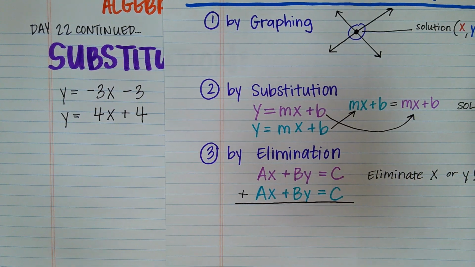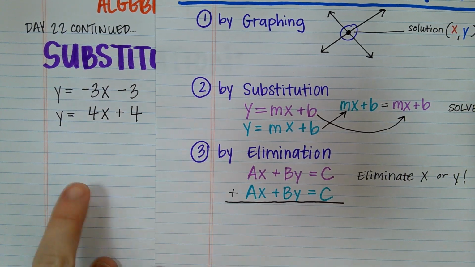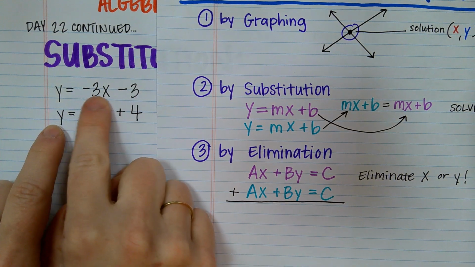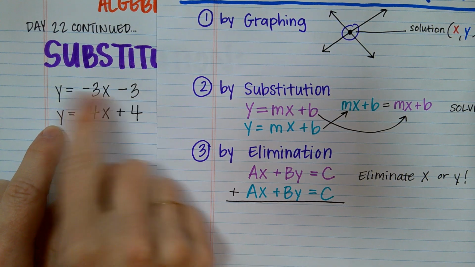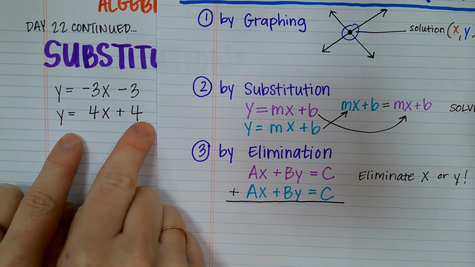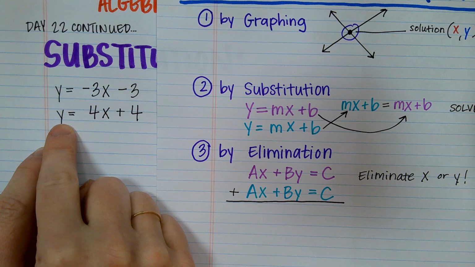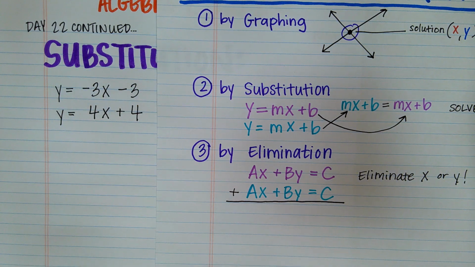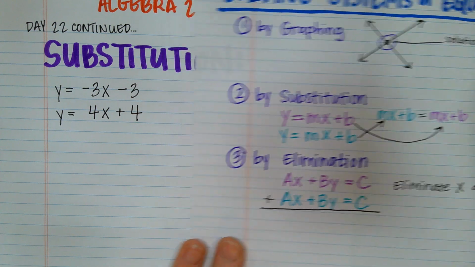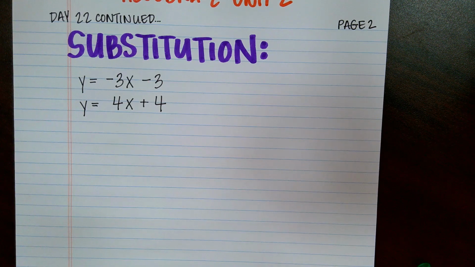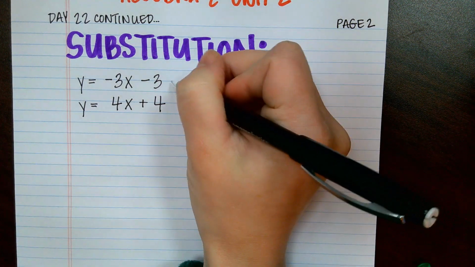Just like I wrote out in our guide, we can see that negative 3x minus 3 is equal to y. We can also see that 4x plus 4 is also equal to y. So if any two values are equal to the same thing, they must be equal to each other. Since these are both equal to y, I can write them as being equal to each other.